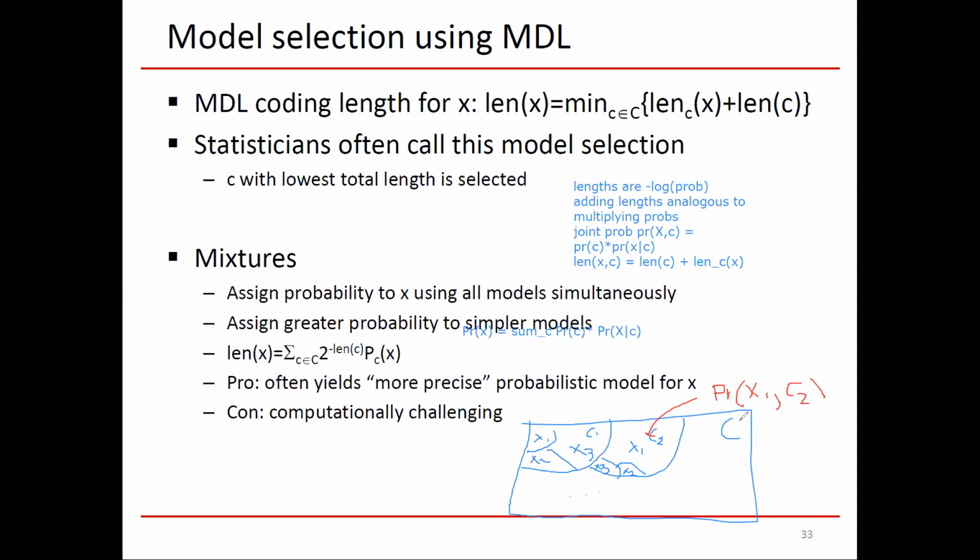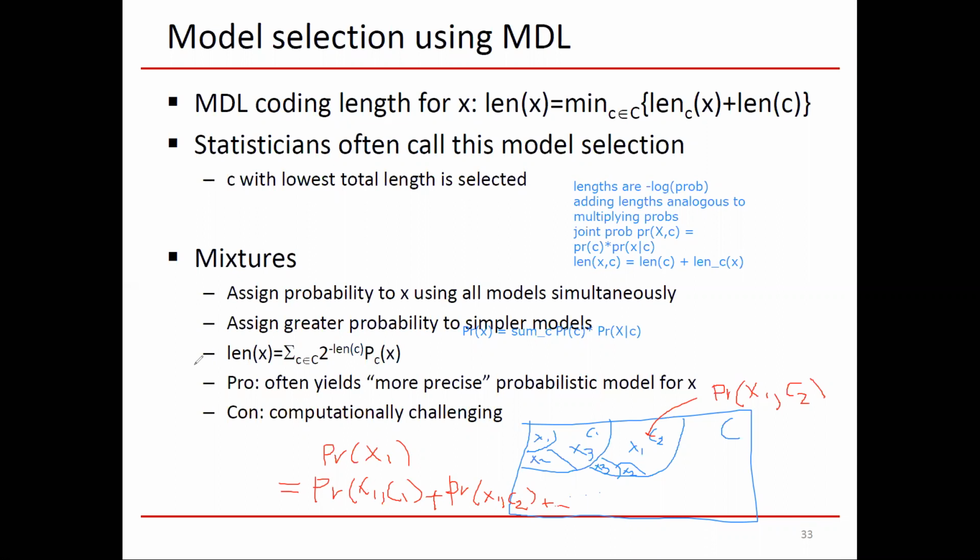And if X1 actually happened, the probability of X1 is the probability of X1 occurring jointly with C1, plus the probability of what I just jotted down, X1 appearing jointly with C2, plus the probability of X1 appearing jointly with C3, and so on.